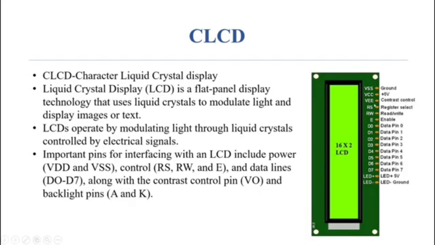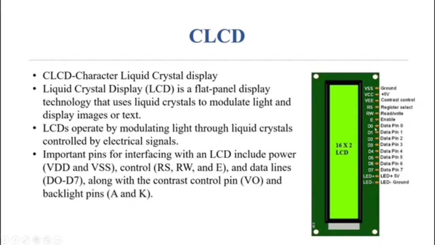And here we can see the pins of the LCD. VSS means ground, VCC means plus 5 volts, which is positive. V0 means contrast control, which controls the brightness of this LCD. RS means register select. RW means read or write.